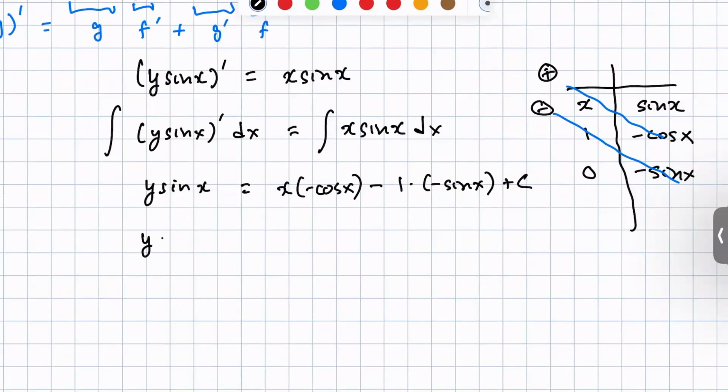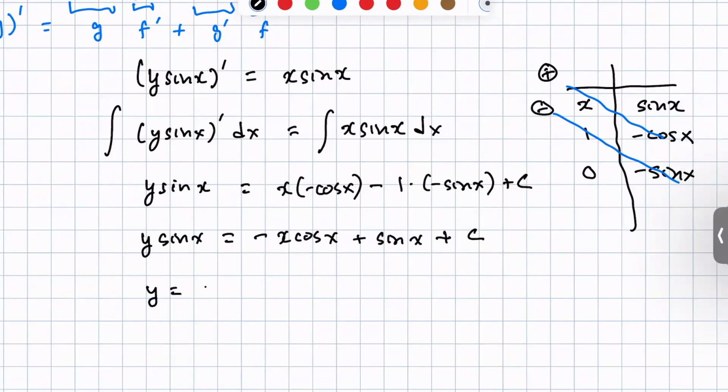So I have y sine of x equals minus x cosine of x plus sine of x plus c. So let's divide by sine x.